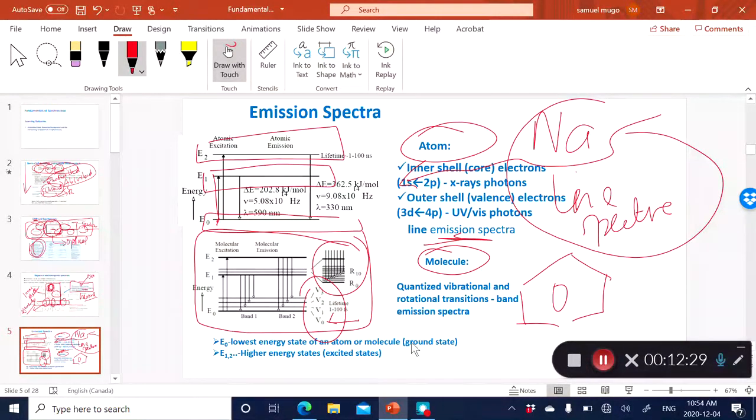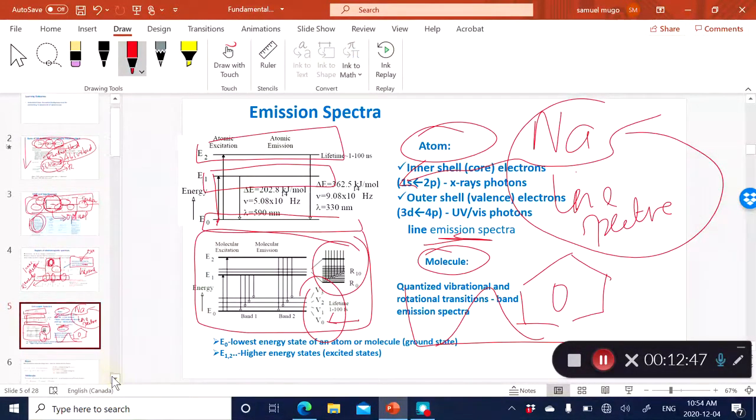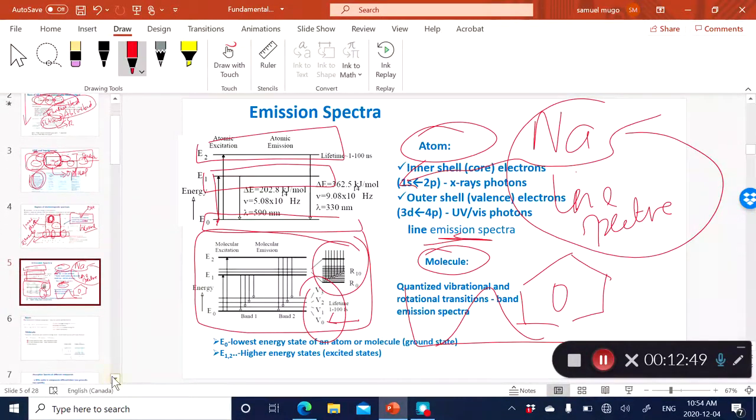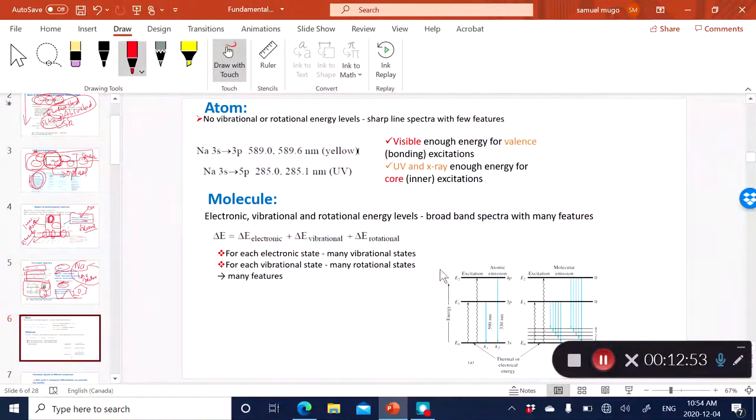And so the spectra that you actually get from molecules is not a line spectra. Instead, it is a peak, often a band kind of spectra. The reason being, there are lots of possible transitions that could take place because of the presence of rotational, vibrational, and electronic states as well.